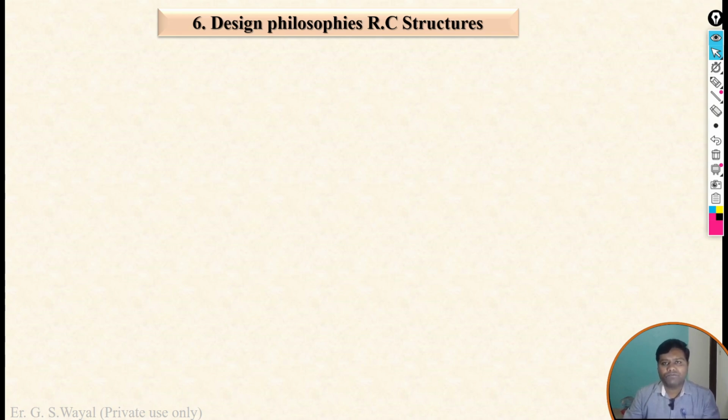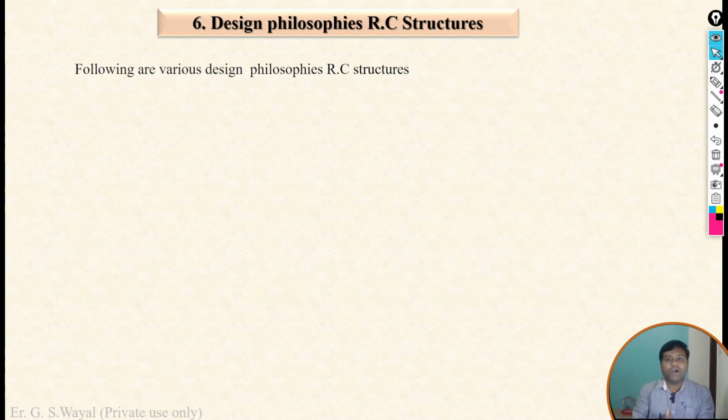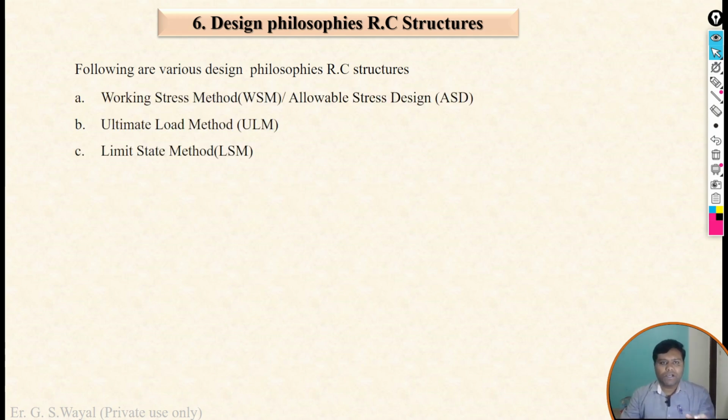Design philosophies of RCC structures means how many philosophies, or how many methods, are available for the design of reinforced cement concrete structures. That is an important thing, and we have to use these methods for the design of RCC structures.